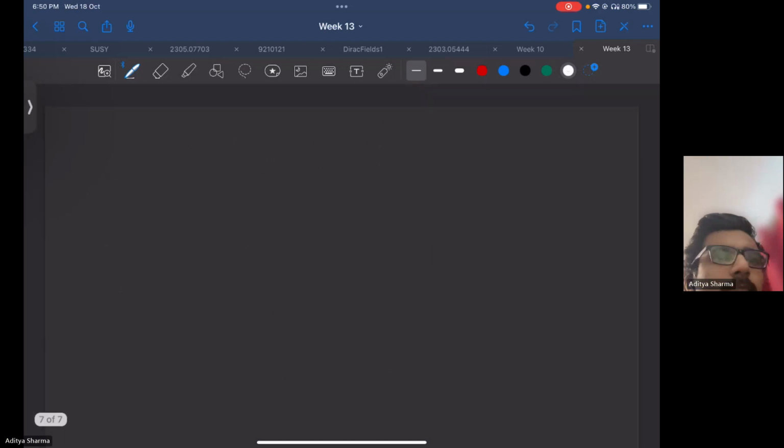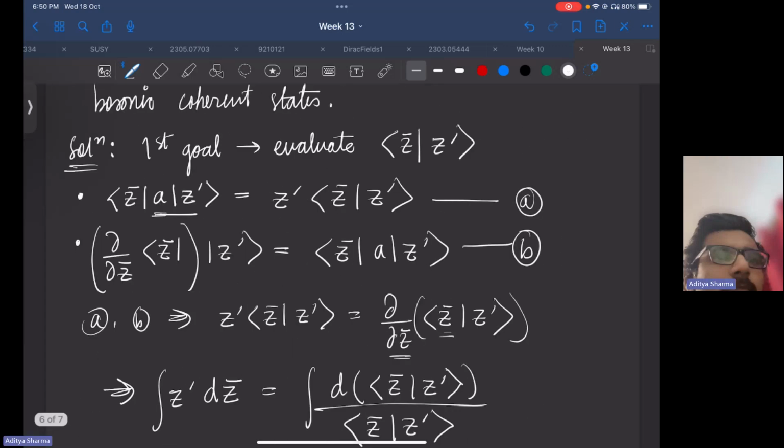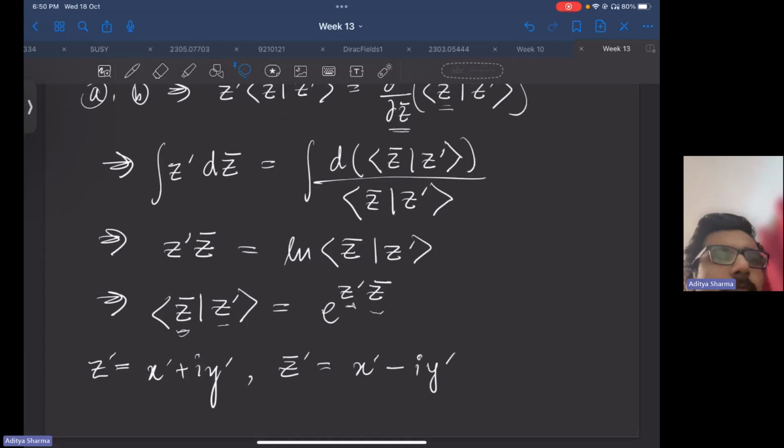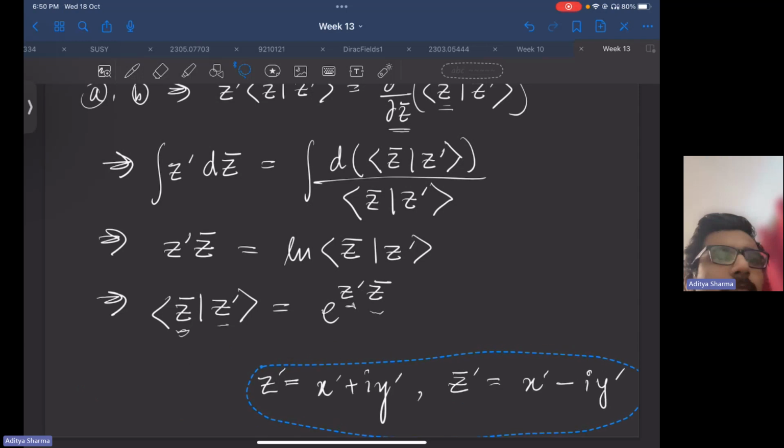Therefore, the second rule, write in xy coordinates. The reason we are going to xy coordinates is because the integrals which we are going to do will factor out.